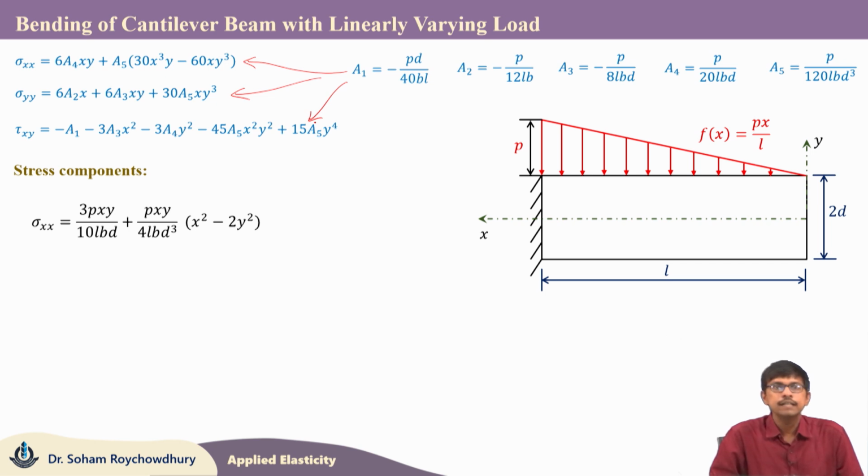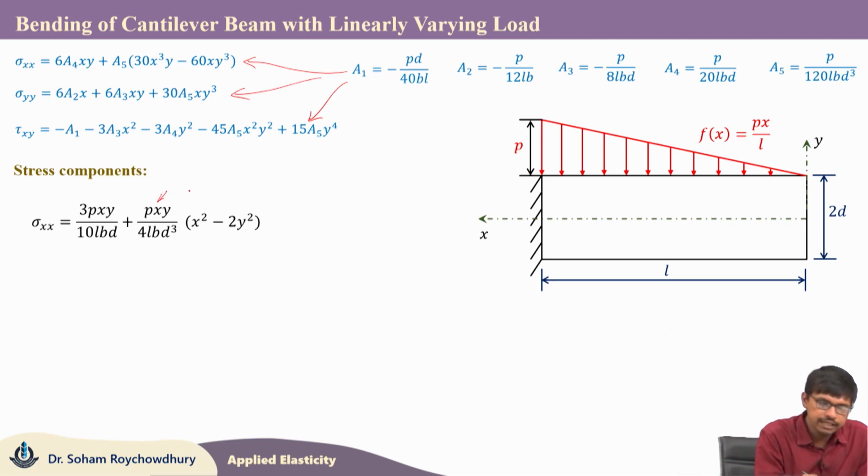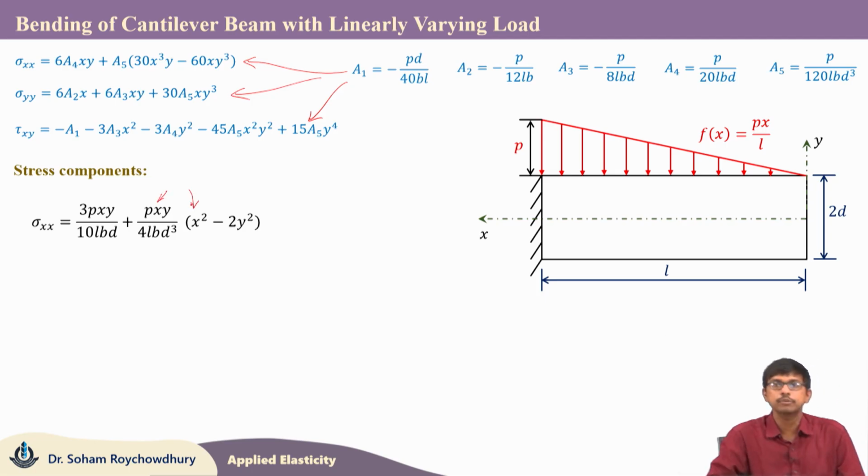Sigma xx is 3 p xy by 10 lbd plus p xy by 4 lbd cube times x square minus 2 y square. Here you can see we have a cubic order variation of sigma xx in terms of x. One x is present here which will be multiplied with this x square. So, sigma xx is proportional to x cube.